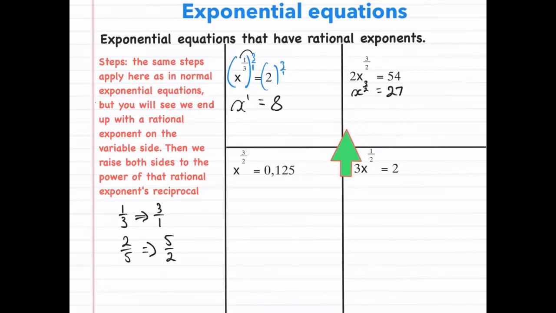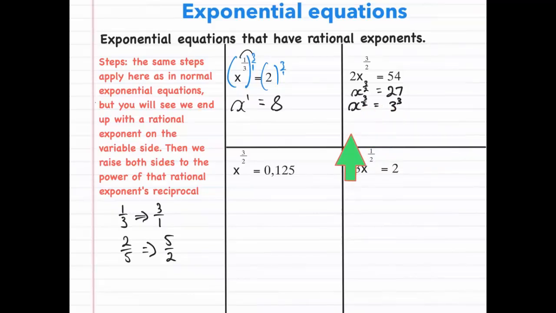So here I have x to the power of 3/2 equals, and 27 is 3 to the power of 3, right? So now we know that this is a simplified variable term. That is the constant term as simplified as far as possible. And why did I do this? Because we have a rational exponent.